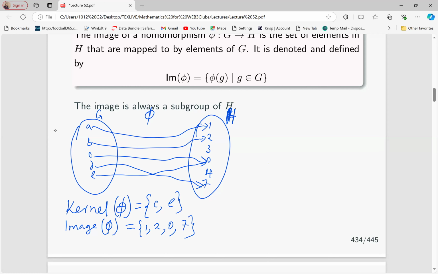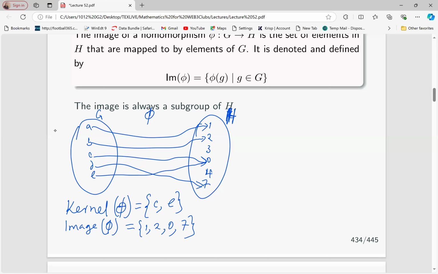So this is what we call the image of this homomorphism. For the other elements, we don't have a name, we don't have a name for 3 and 4. The names that we have are for the image and the kernel.